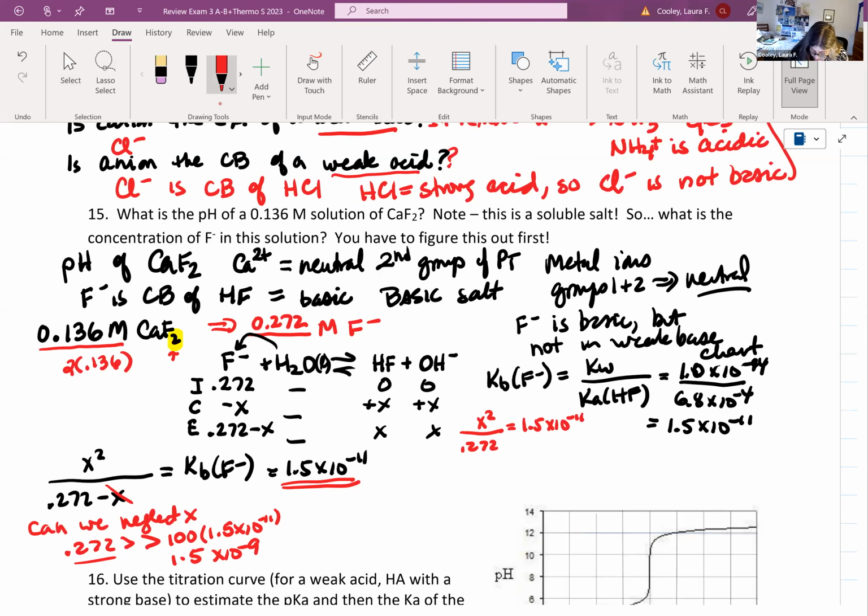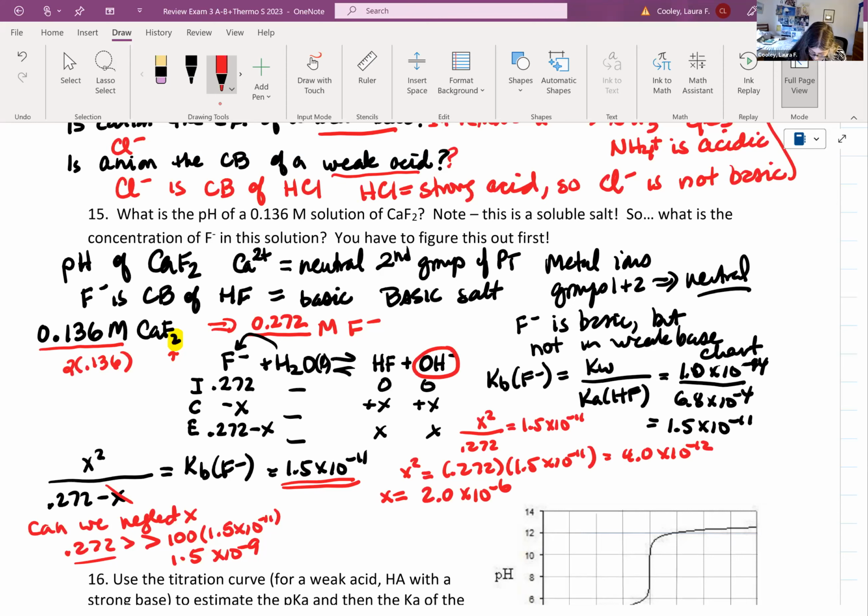So X squared, just multiply out, is 4 times 10 to the minus 12. So X is 2 times 10 to the negative 6. And now that's the hydroxide ion concentration.